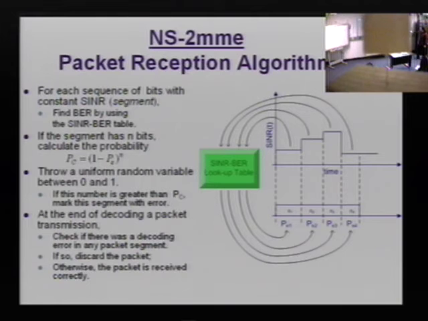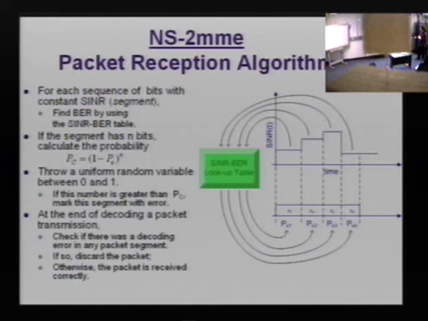So from the SINR, depending on the modulation, we get the bit error rate, and then with that bit error rate, we compute the probability that all bits are correct, because we don't have channel coding. If any of them are incorrect, we decide that it has an error.